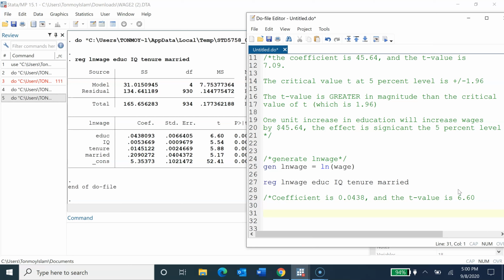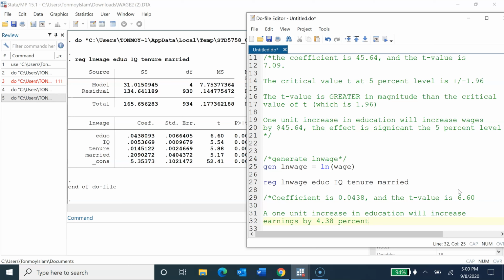So now if I wanted to interpret the coefficient, I would say that a 1 unit increase in education will increase earnings by 4.38%.